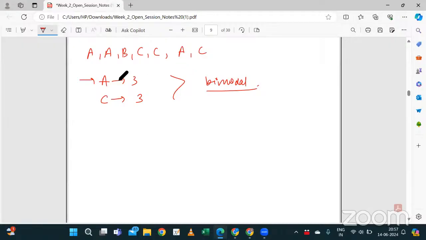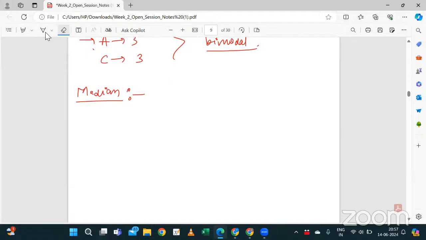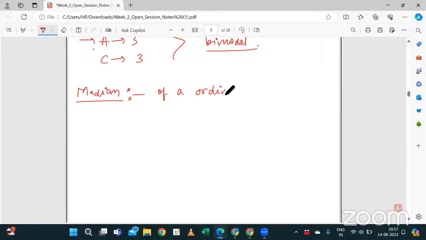Okay, now next is the median. What is the median? The median divides the data into two parts. The median is defined only for an ordinal variable.